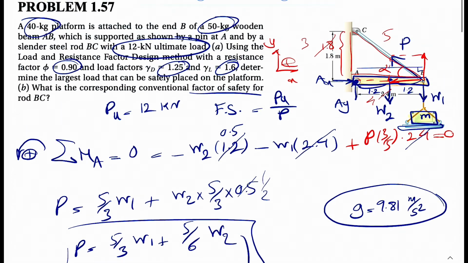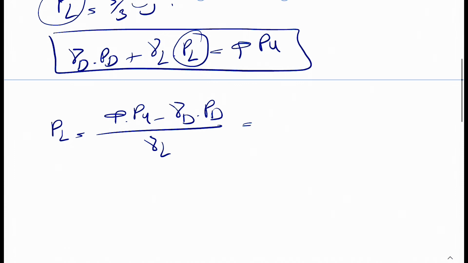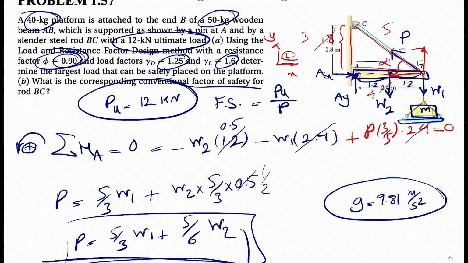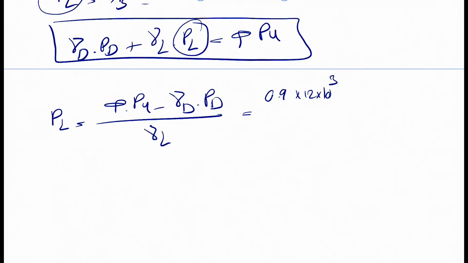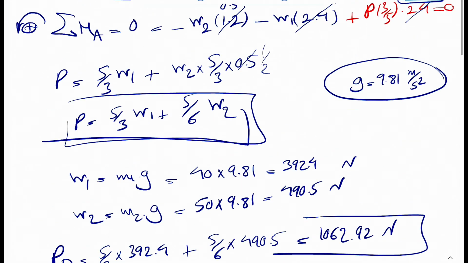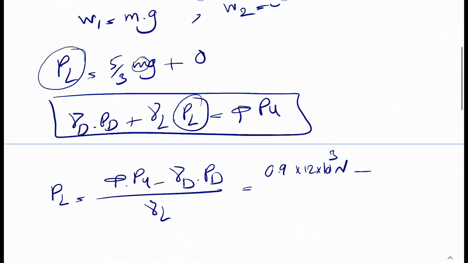So if we get back to the question, we have the resistance factor 0.9 times the ultimate load, which was 12 kilonewton, so 12 times 1000 in order to have it in newton. We have all these other factors. The gamma D is 1.25, and the other one is 1.6.